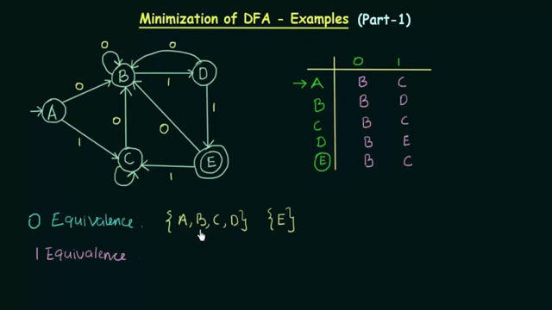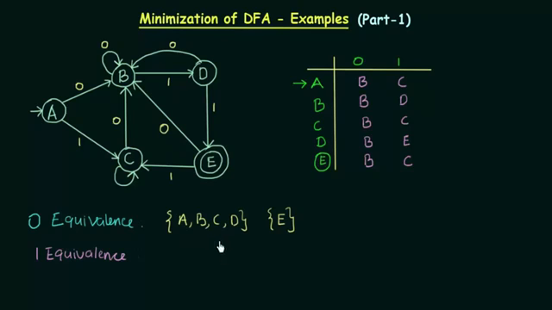Suppose you're checking for A, B. You have to check in the transition table where A and B go on getting inputs 0 and 1. And if the states to which A and B go on getting inputs 0 and 1 fall in the same set in this 0 equivalence row, then they are said to be 1 equivalent to each other.